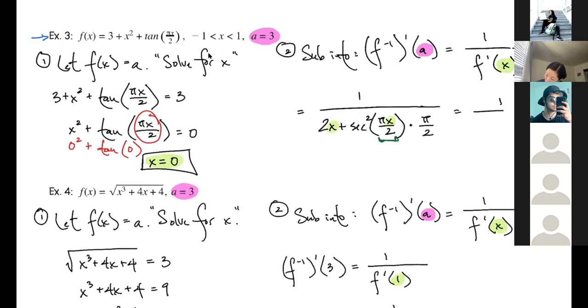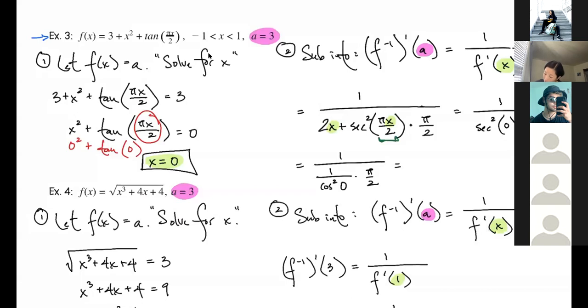And so we'll get 1 over, let's see, the first term goes away. We have secant squared of 0 times pi over 2. Ooh, secants. I don't remember my secant values, but I hope we remember our cosine values. Maybe we could think about it like 1 over cosine squared of 0 times pi over 2. Anybody remember what cosine of 0 is?